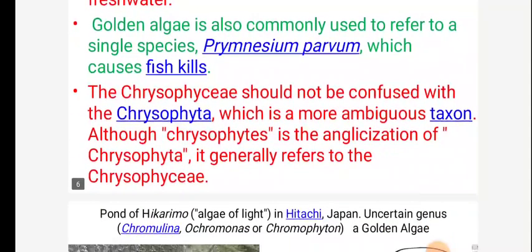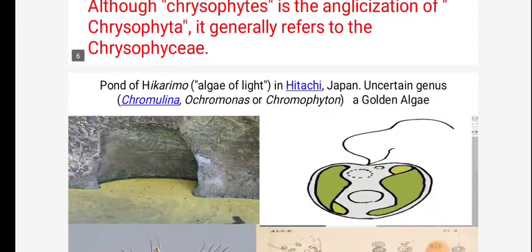Chrysophyceae should not be confused with Chrysophyta, which is a most ambiguous taxon.